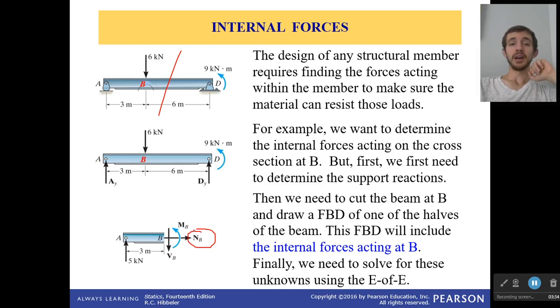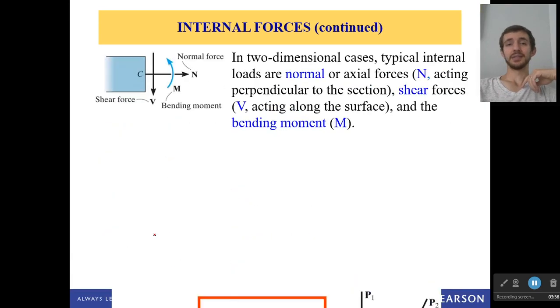If we're doing some of the moments, well, there is a moment caused by this 5 kilonewton force, and so that would need to be taken into account right here by moment B. And as for the shear force V, yes, that V stands for shear force. It is pointing down because this 5 kilonewton force is pointing up. Not terribly difficult, but you still need to practice it.